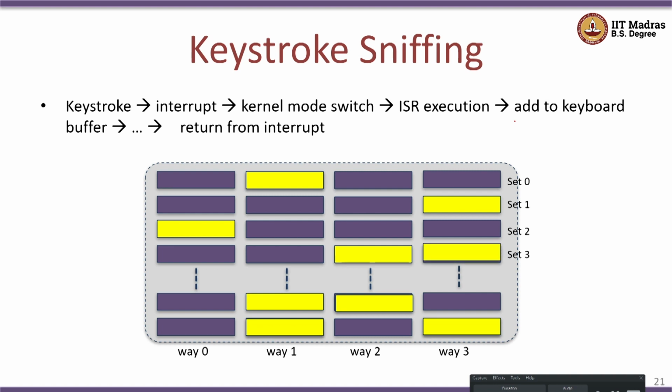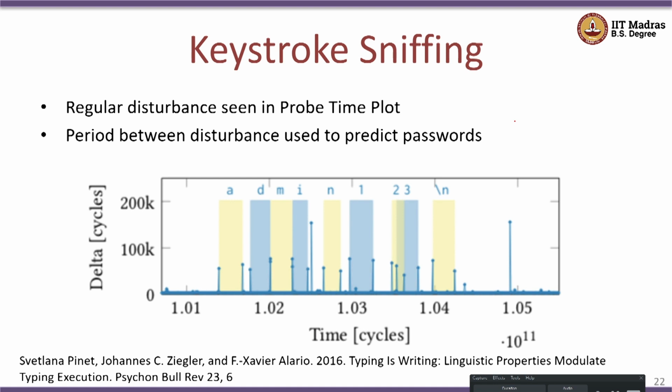cache memory, right? So from a spy process which is continuously monitoring the cache for its access time for each set, the spy would essentially observe certain spikes in the behavior.